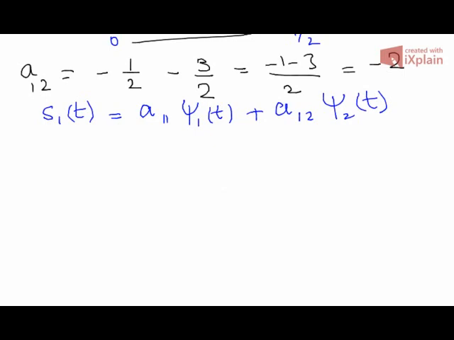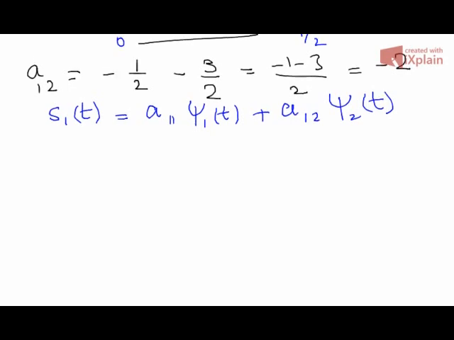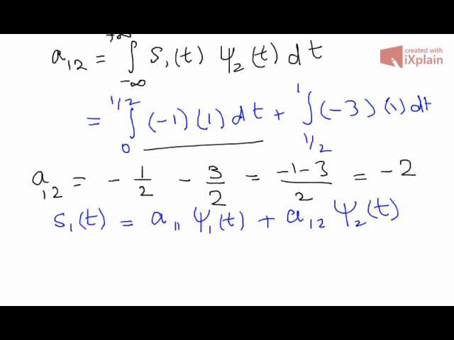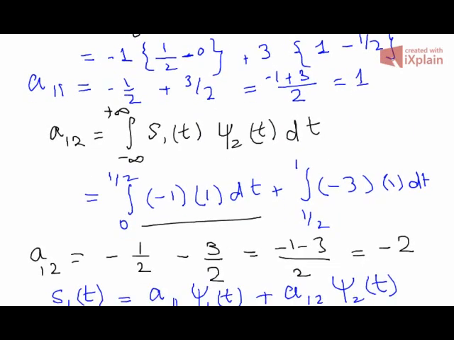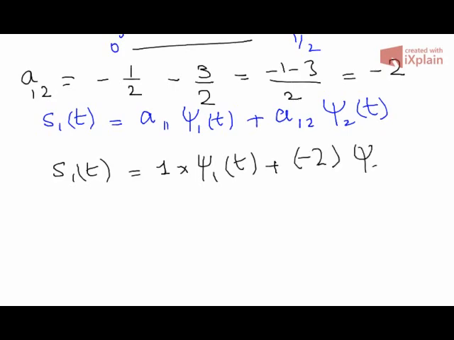The value of a11 is unity, which means our S1 of t is 1 times psi 1 of t minus 2 times psi 2 of t, right?